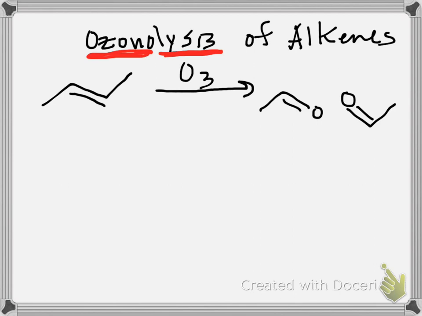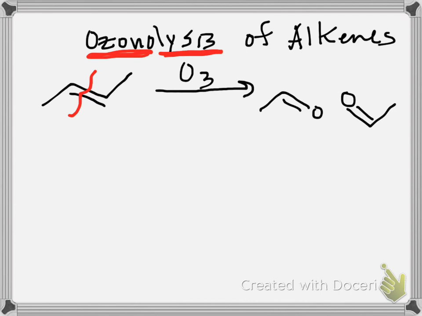In this case, they're aldehydes. So what happens in an ozonolysis reaction is the ozone cleaves the carbon-carbon double bond and replaces each carbon of that carbon-carbon double bond with oxygens.